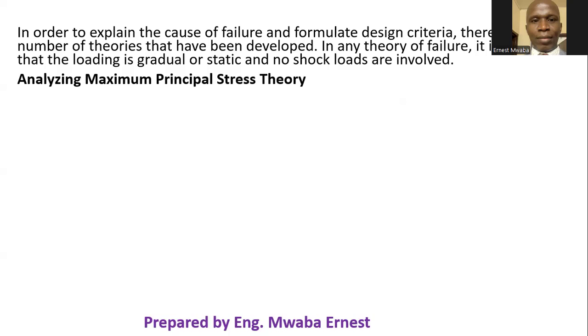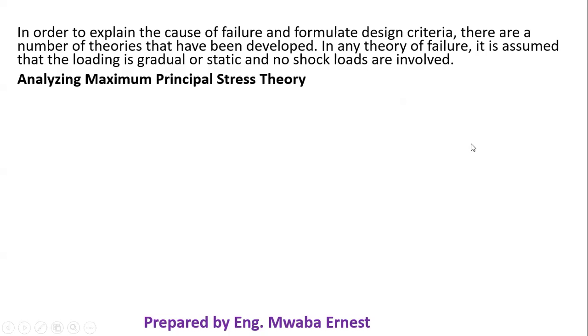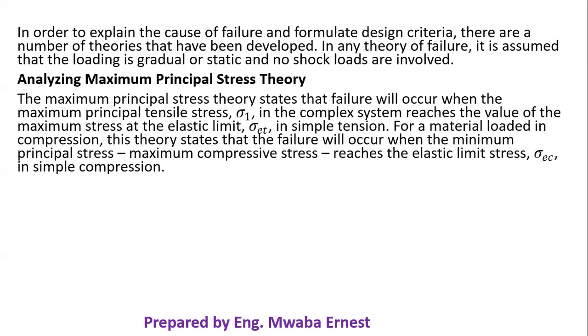Our very first stopover is the maximum principal stress theory. So in this analysis, according to this theory, failure will occur only when the principal stress, which can be stress 1 in the complex stress system, reaches the value of the maximum elastic limit stress, meaning the stress at elastic limit in simple tension.